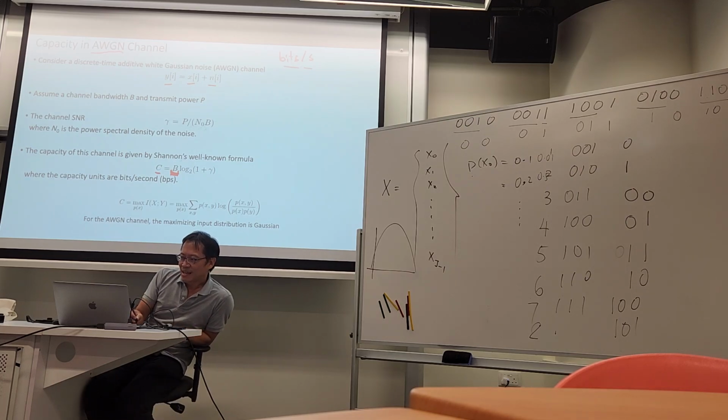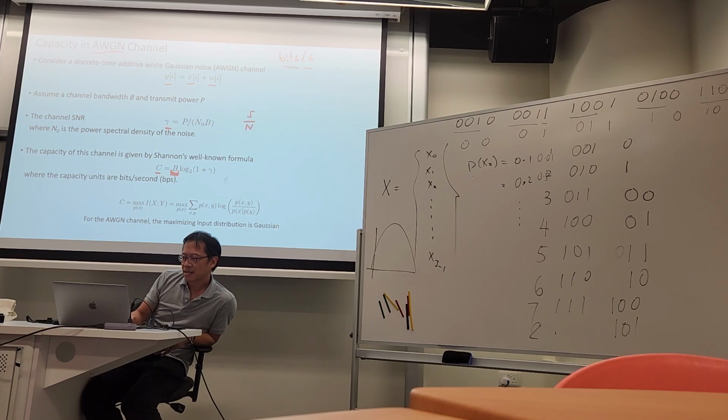And then the other thing, which is not so obvious and which we are not going to derive, is this gamma, which is another way of writing the signal to noise ratio.